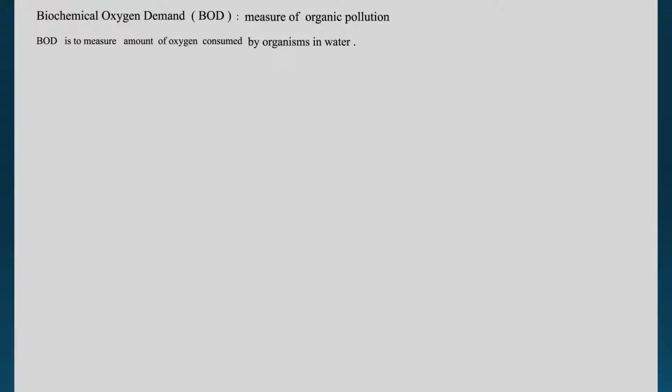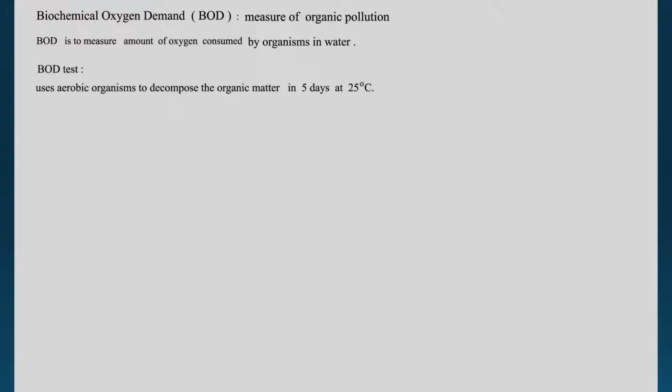BOD, biochemical oxygen demand, measures all the organic pollution, bacteria, for example E. coli. All bacteria will use up the oxygen when they break down the food.